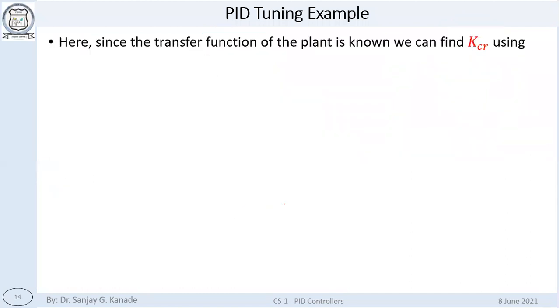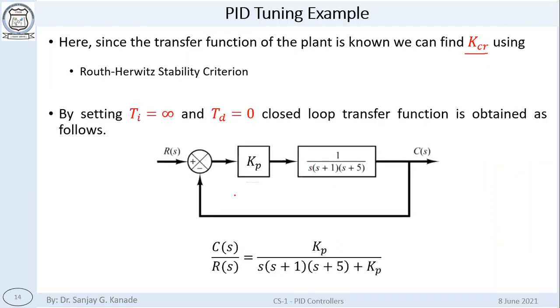So if there is only Kcr in the system, how will the transfer function of the plant become? This is the diagram that will become with Ti equal to infinity, Td equal to 0. So the controller will have only Kp. And from this diagram, we can see what remains. What is this?